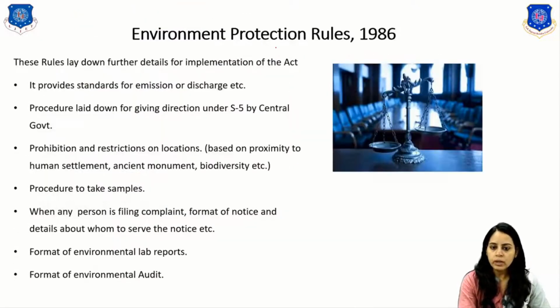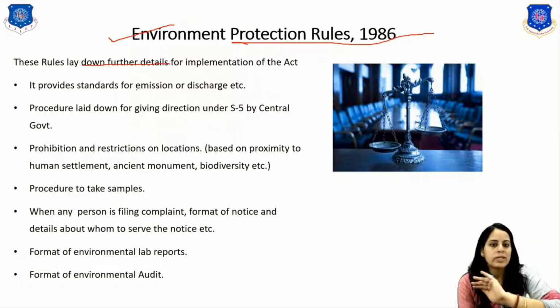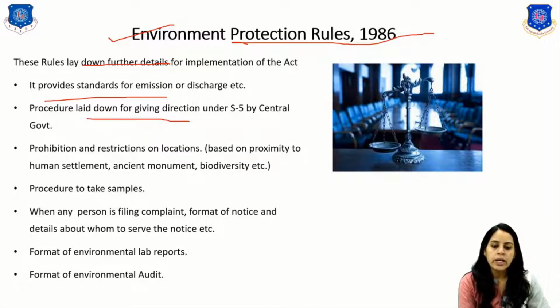Now we have discussed the Environmental Act, and we will discuss the rules. These rules lay down further detail for the implementation of the Act. The first rule provides standards for emission or discharge. Then a procedure is laid down for giving directions under Section 5 by the central government.